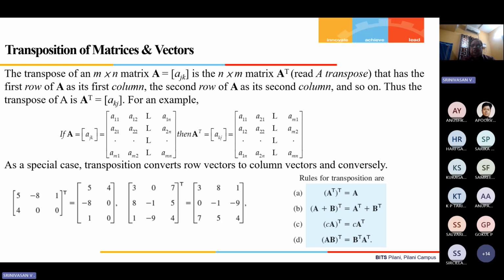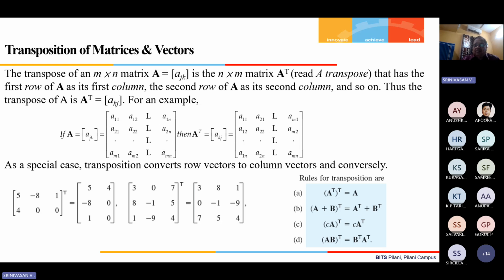The transpose of AB is not like the transpose of A plus B, because in addition, the order is preserved. The transpose of A plus B is A transpose plus B transpose, or the transpose of B plus A is B transpose plus A transpose. But in the case of multiplication, the transpose of a product of two matrices is the product of the transposes of the matrices in the reverse order. It is B transpose into A transpose.